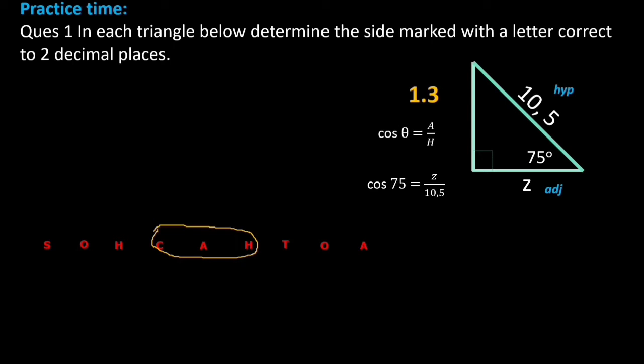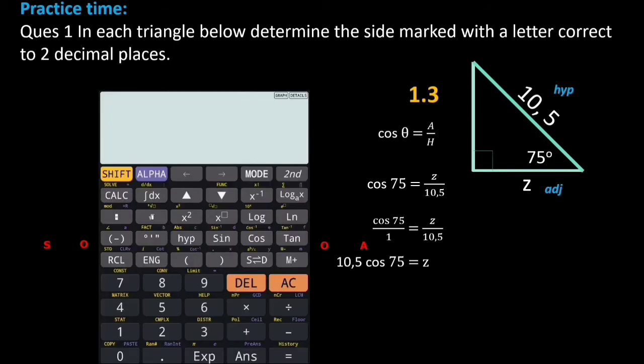Again, we can say the cos of 75 divided by 1 is equal to z over 10,5. From there we cross multiply again. We get 10,5 times cos 75 equals z, and z is equal to 2,72.